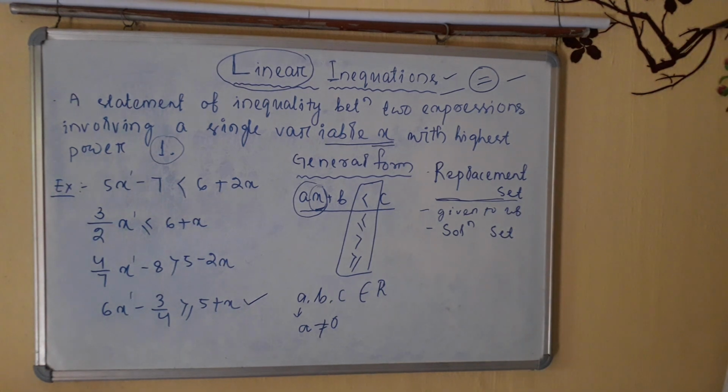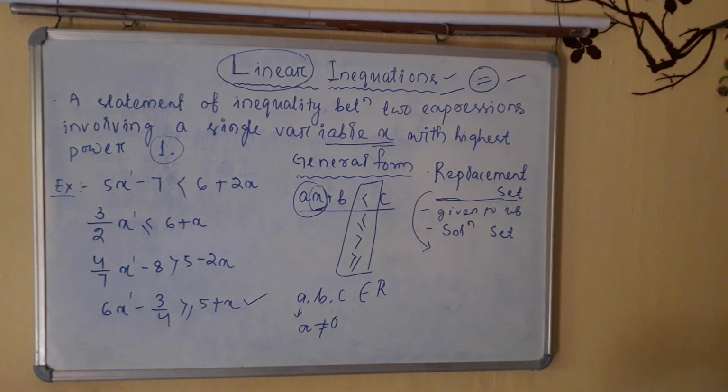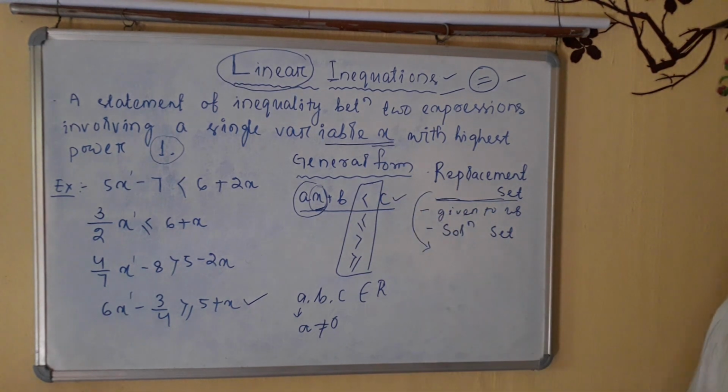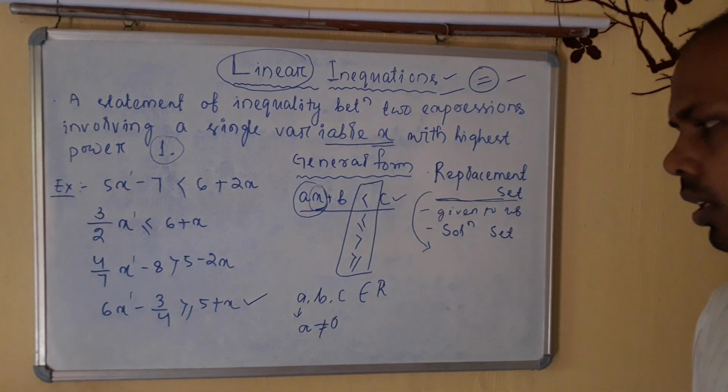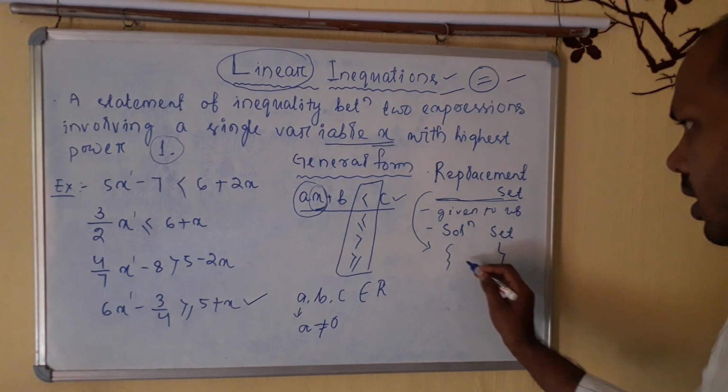Next is the solution set. What is the solution set? From the replacement set we have to choose some values for which x will satisfy the inequality. That collection of values will form the solution set.